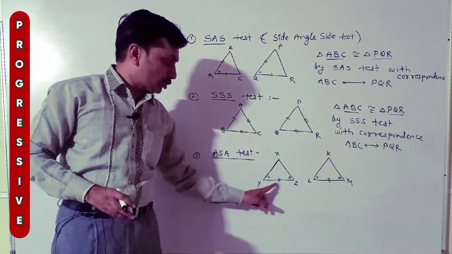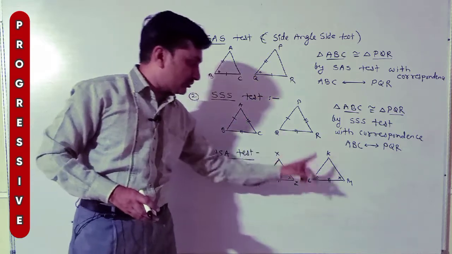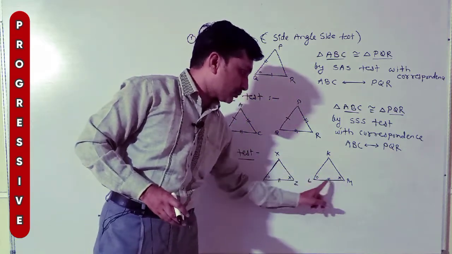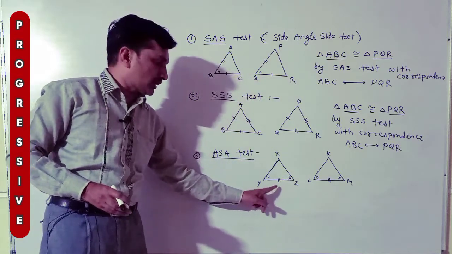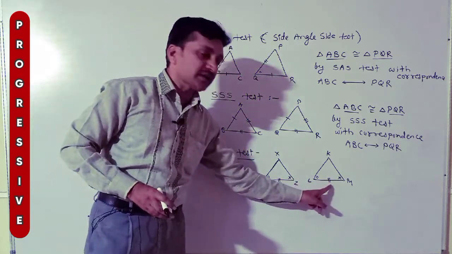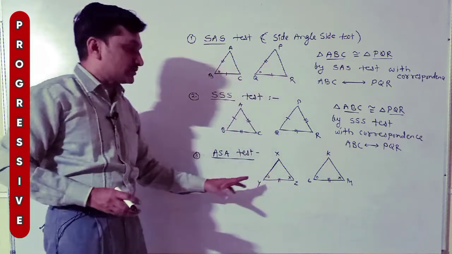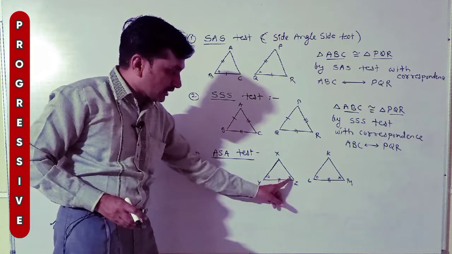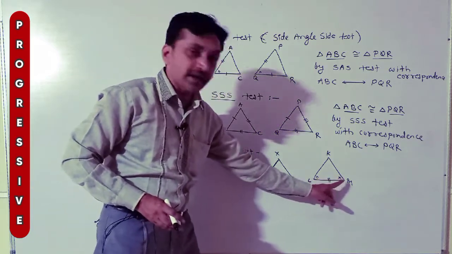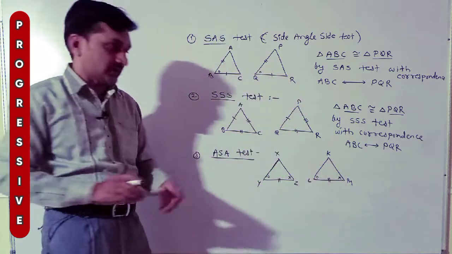Then two angles of one triangle are congruent with corresponding two angles of other triangle, and one side, included side of one triangle is congruent with included side of the other. Therefore these two triangles are congruent by the sequence angle side angle, angle side angle, means ASA test.